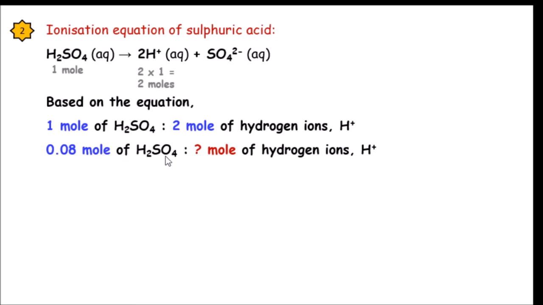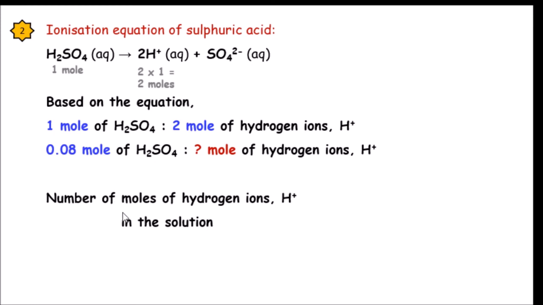So now you need to find what is the number of mole for the hydrogen ions in the solution. So now take out your calculator, press the calculator to find the answer. Can you get the correct answer? Let's check it later.